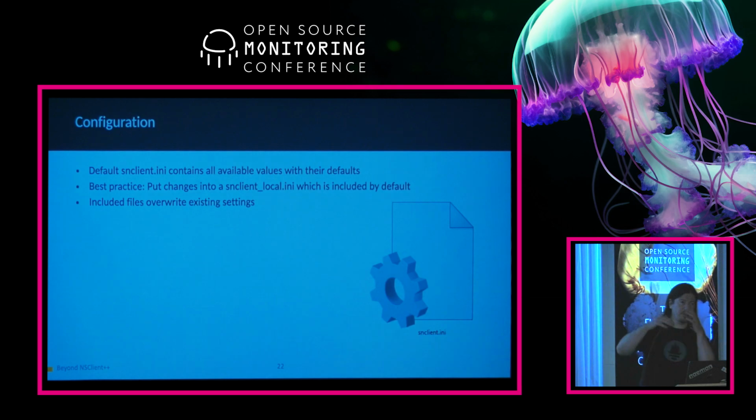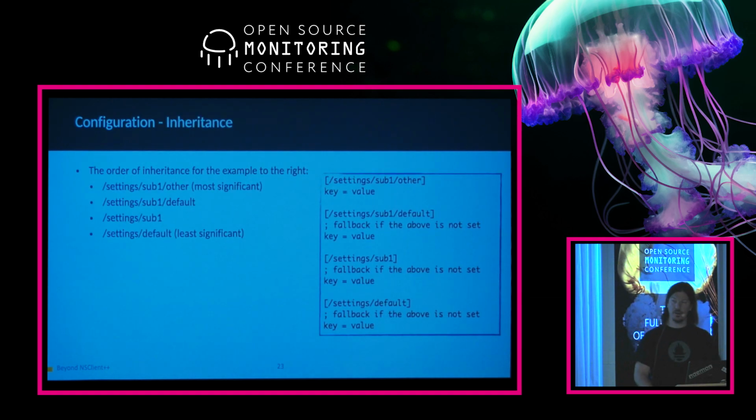It's just read from top to bottom, and whenever a value is set, it will override the existing value. So that way you can leave the default ini file like it is and just override the things in the local file. The config inheritance is like this.